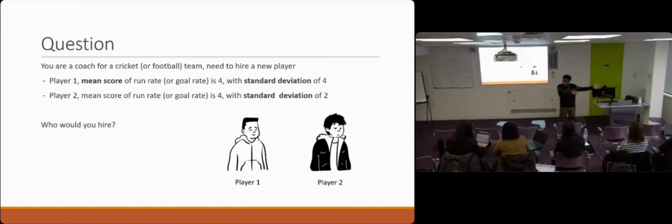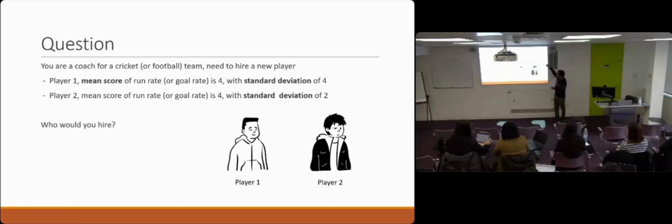You can't score a negative score, but you can go up to 12, right? But 68% of the time he will just score 6 or 2. He's more consistent, right? 95% of the time, he will still score between 0 and 8, right? So he's more consistent, right?